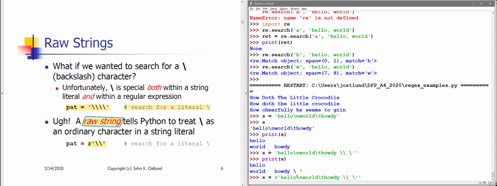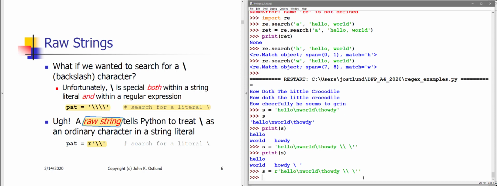So we now have a literal backslash character followed by an N. It's no longer a new line character. And we have a literal backslash character followed by a T. And then we have a literal backslash character followed by a literal backslash, and a literal backslash character followed by a quote. And here we have a stray single quote out at the end, so we're actually going to get yelled at when I hit the enter key here.